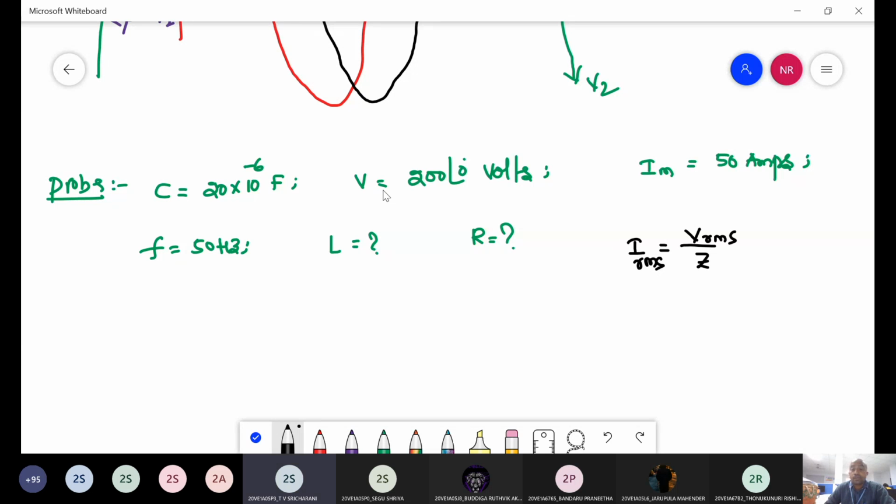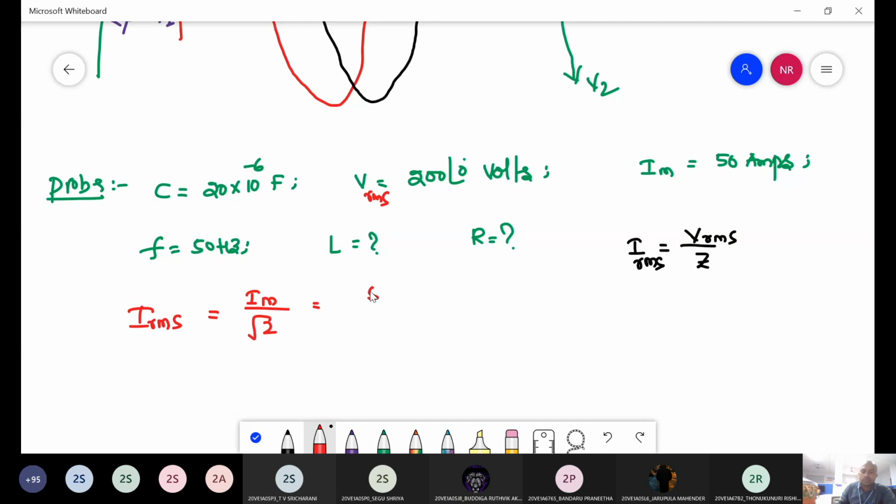No, that is not the maximum value. Many times I said that if it is not mentioned specifically, assume that it is RMS. So here VRMS is given. IRMS is equal to Im by root 2, that is 0.707 into Im.